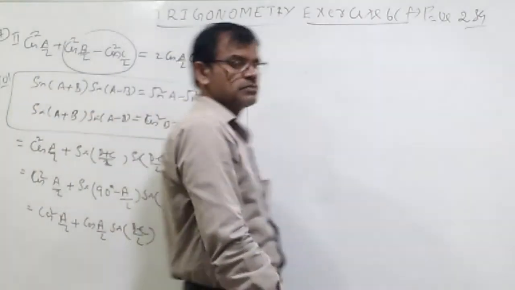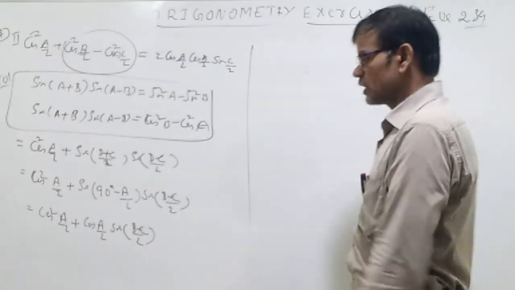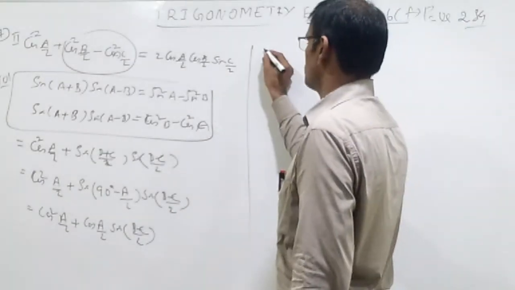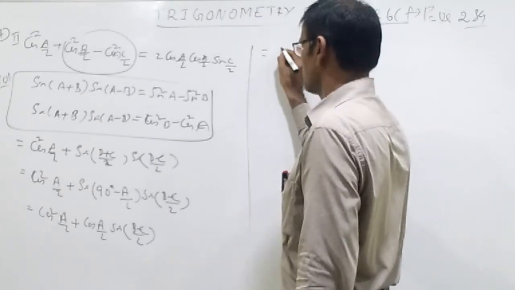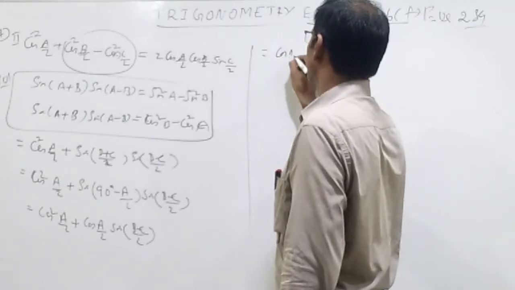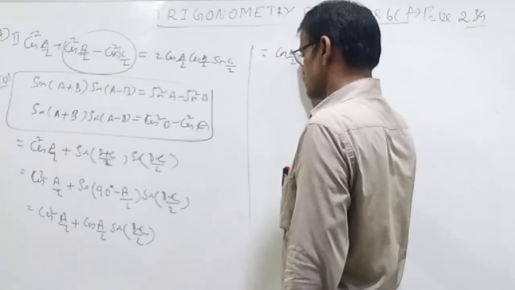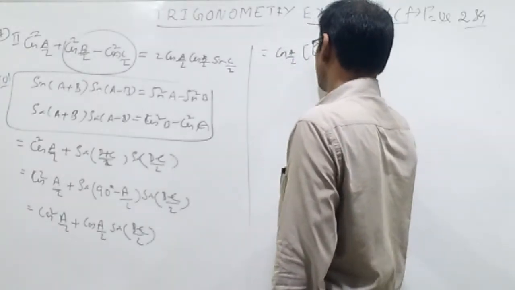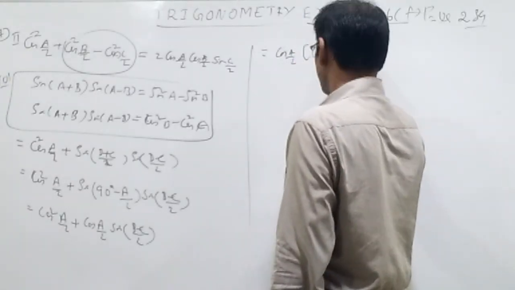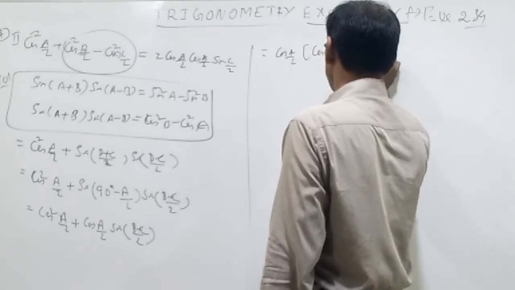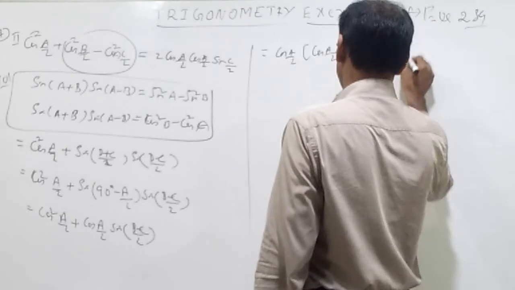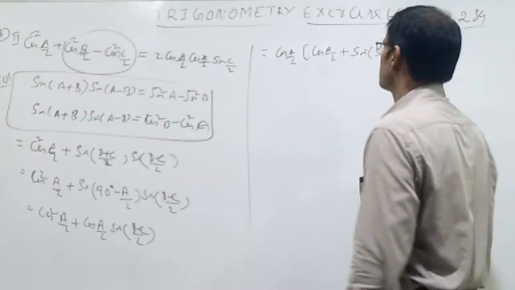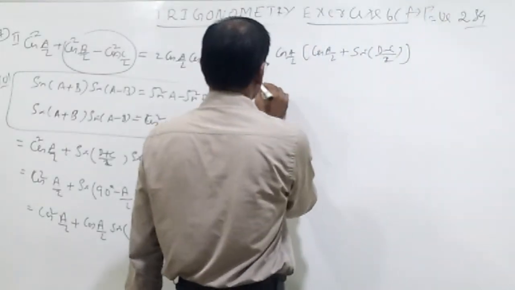Now, in these two terms, you can take cos A/2 common. Cos A/2 times (cos A/2 + sin((B−C)/2)).